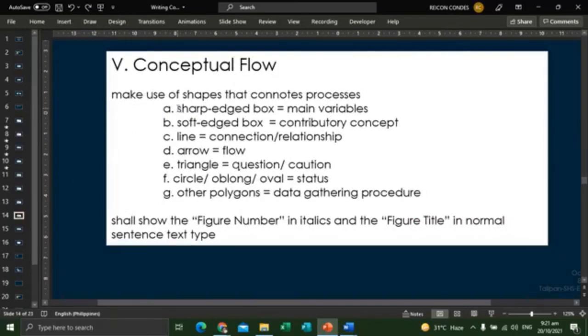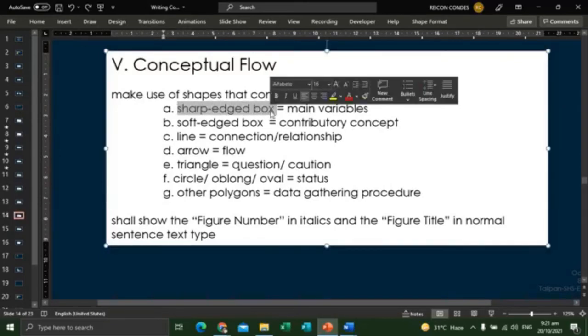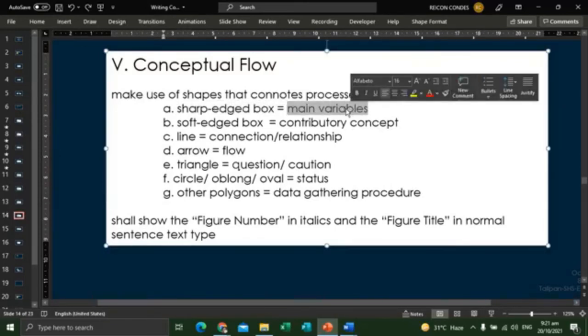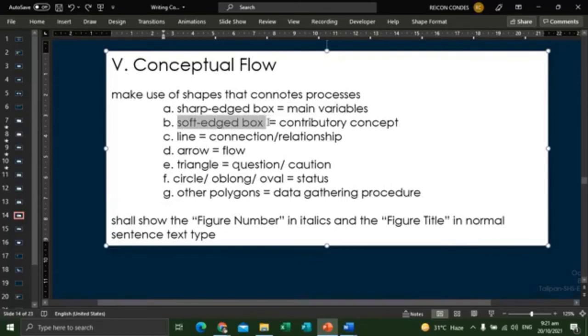You can use the following shapes. Sharp edge box, ang ibig sabihin main concept or main variable. Soft edge box, ibig sabihin contributory concept. Yung line ay connection or relationship. Yung arrow ay flow. Again, pagka gumamit kayo ng arrow, ibig sabihin process yan.